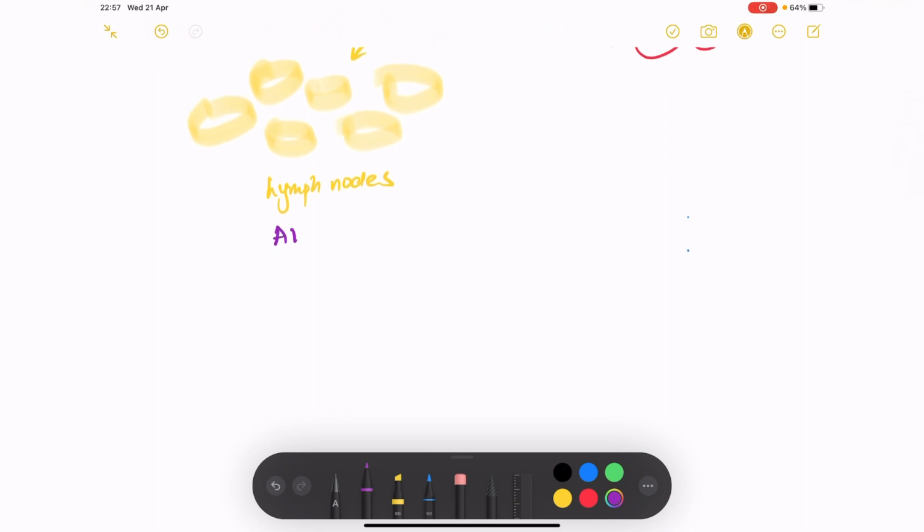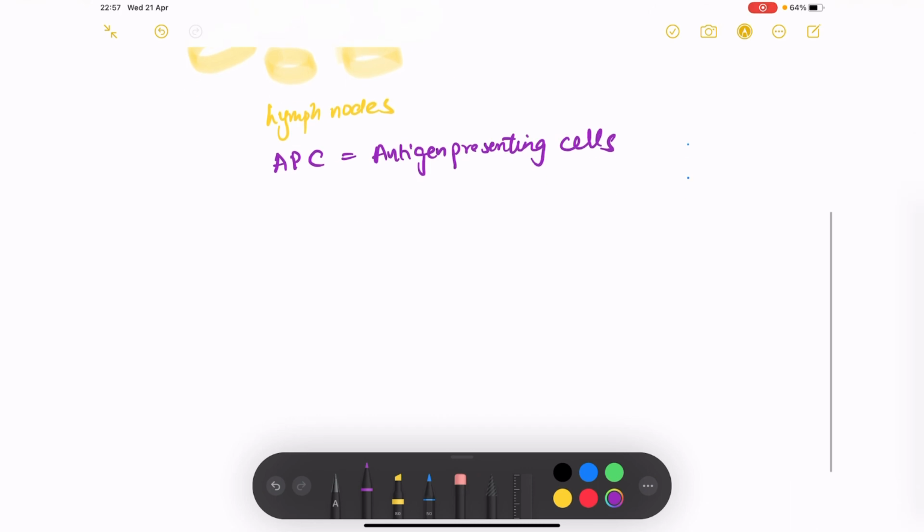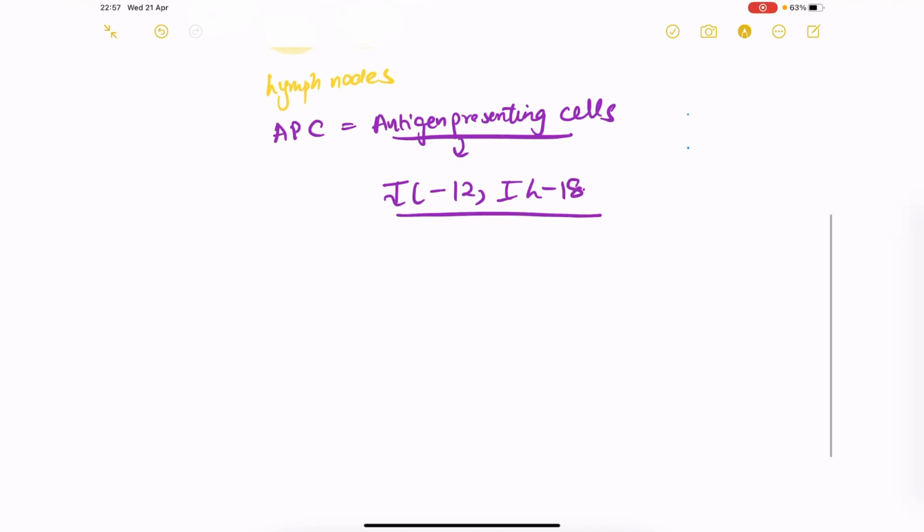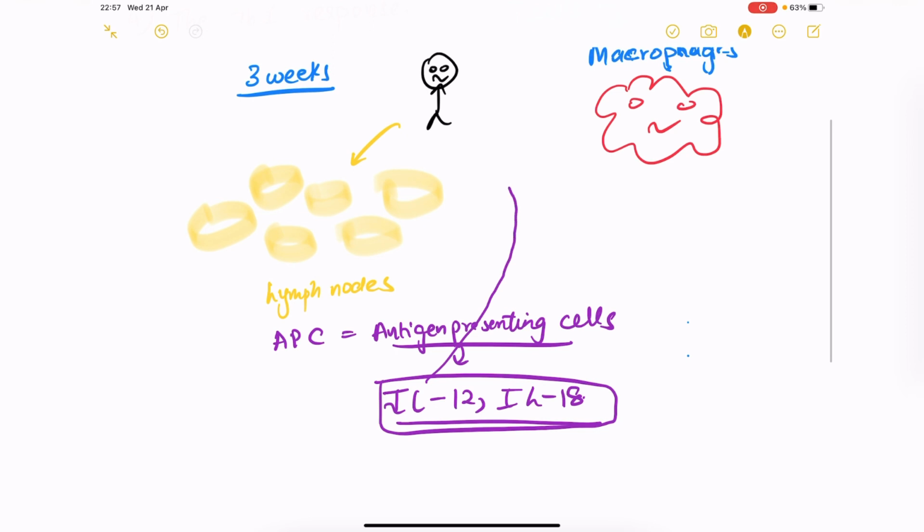So now what happens? There are something called APCs. APCs are nothing but antigen presenting cells. These antigen presenting cells present the antigens, obviously. They also produce something called IL-12 and IL-18. Now IL-12 and IL-18, these are important for the differentiation of TH1 cells.